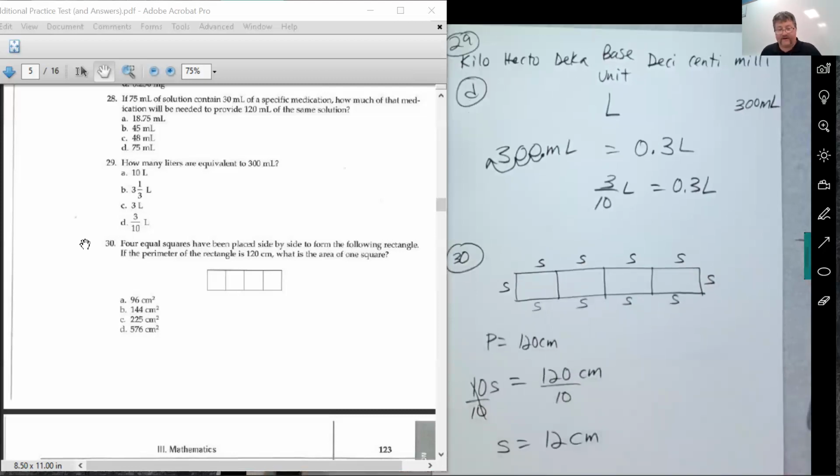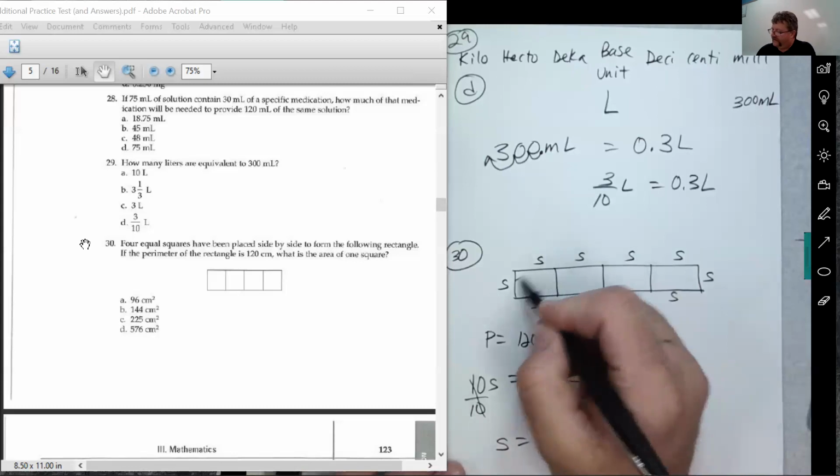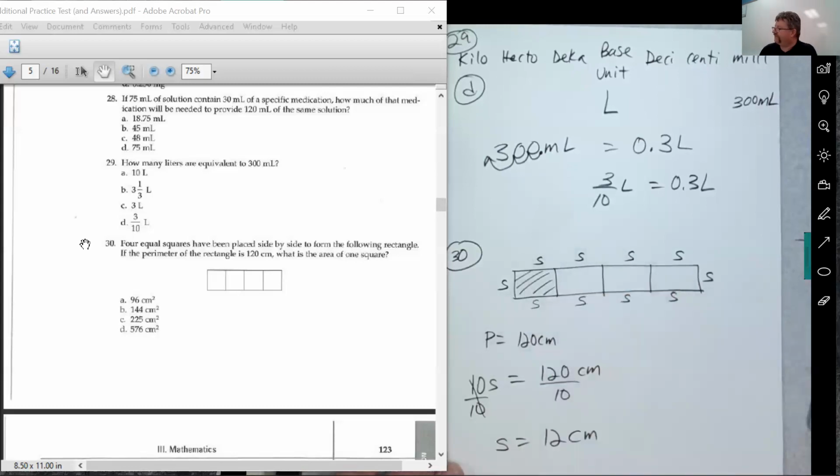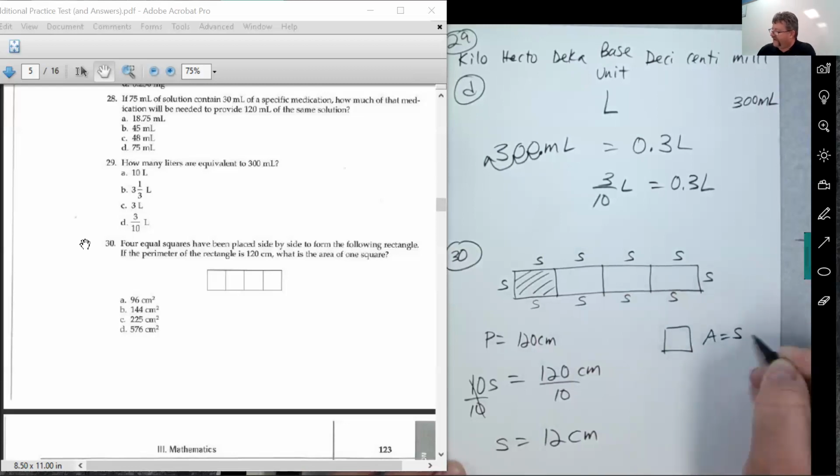Now I bet you that's one of the answers. I haven't looked. Oh, it's not. See, shame on them. They should have made that one of the answers because we're so confident, we're so proud of ourselves. We calculated that 12, but that's not what we were asked. We were asked to find the area of one of these little squares, right? The area of a square is side times side, or side squared.